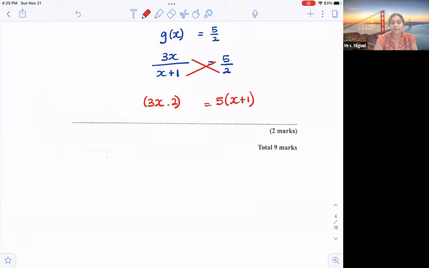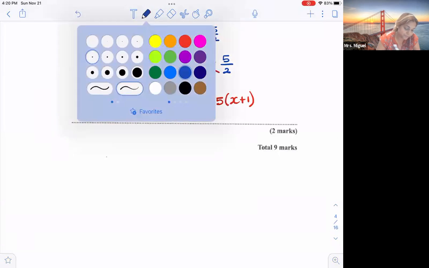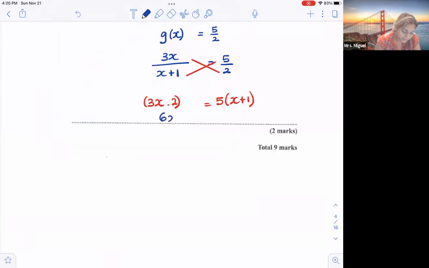It's just a matter of multiplication now. 3 2s are 6x is equal to 5 multiplied by x first plus 5 by 1. This is 6x is equal to 5x plus 5.